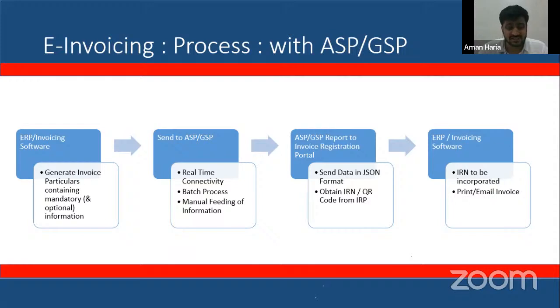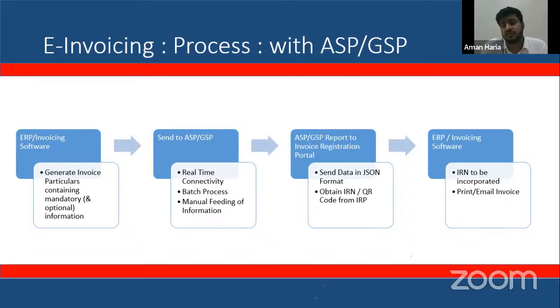If you select yes, what the system does is, at the backend itself, it will capture the relevant details required for generation of e-invoice. It will send it to the e-invoice portal. It will fetch you back the IRN and the QR code from the e-invoice portal, and it will automatically integrate it with the invoice that you have been generating.